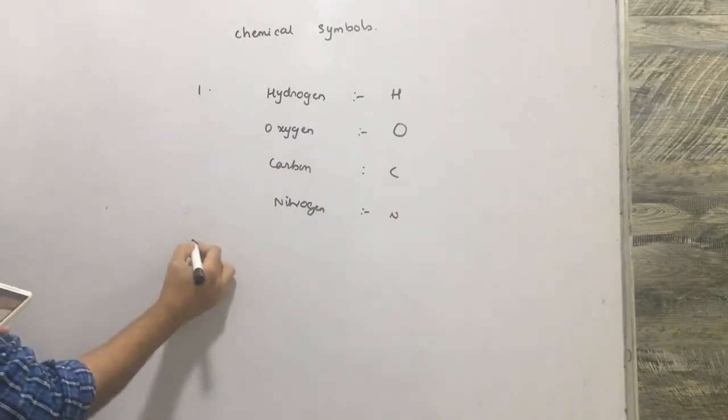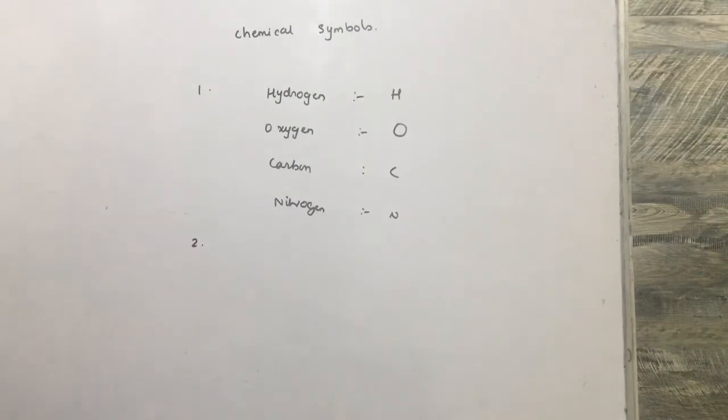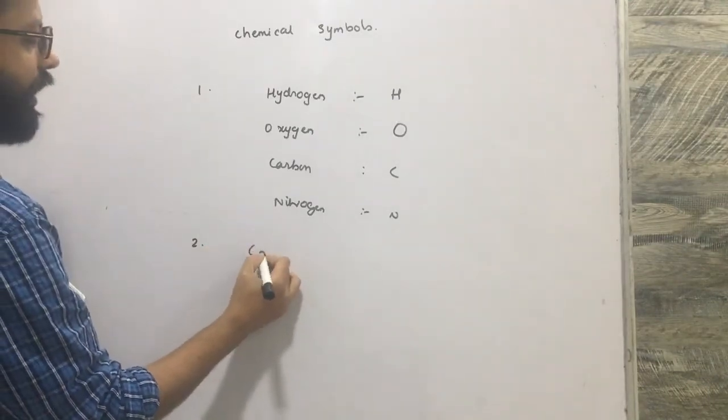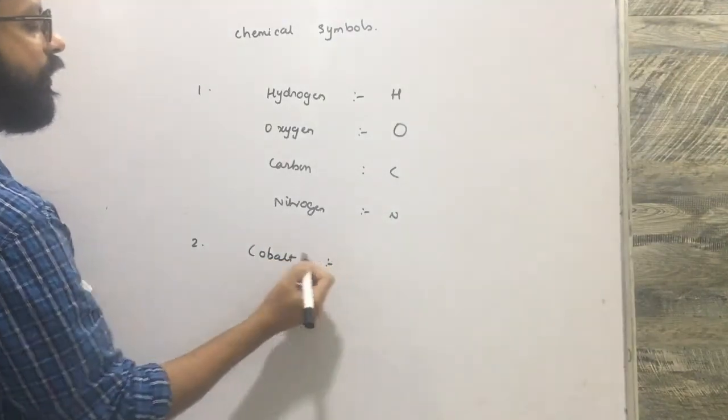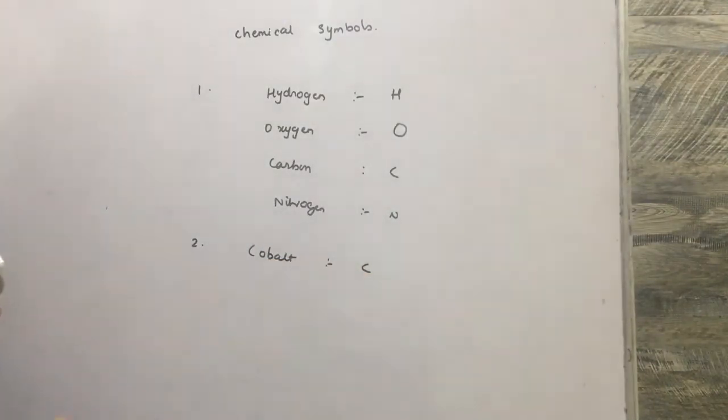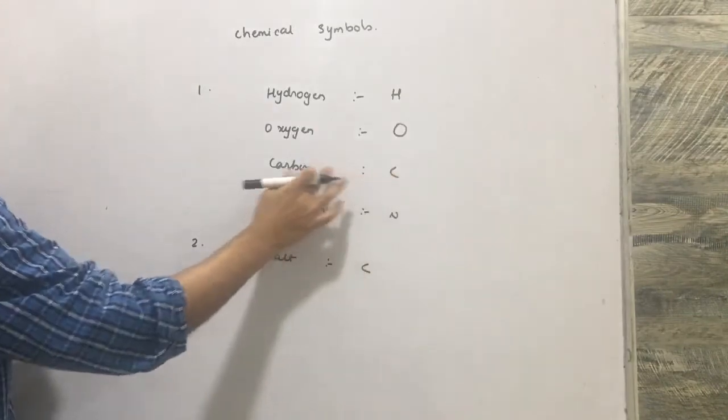The second rule is, when the names of two or more elements begin with the same letter, one more letter is added to each symbol. For example, cobalt. You cannot assign C because C is already assigned to carbon.